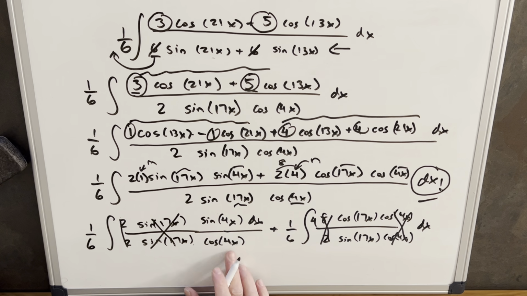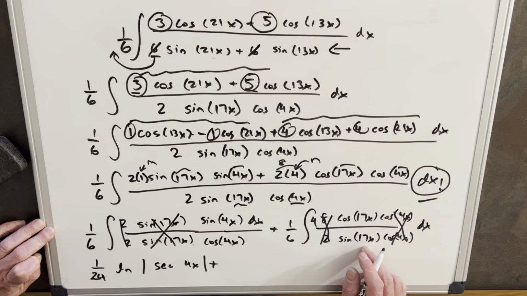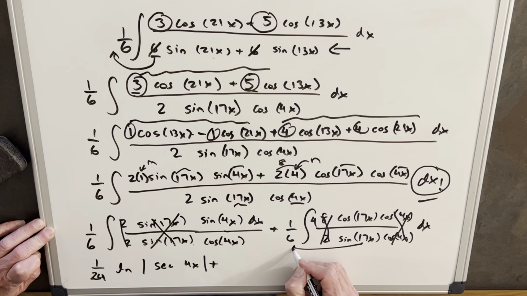So then we can integrate. We just need to remember that we have this coefficient on here, so we're going to have to bring that out as a constant when we integrate, like a quick u substitution in our head. So here we'll bring out a fourth, and we'll have 1/24. And then the integral of tangent of 4x is going to be natural log of secant 4x. Then here we're going to have a 17 that's going to come out.